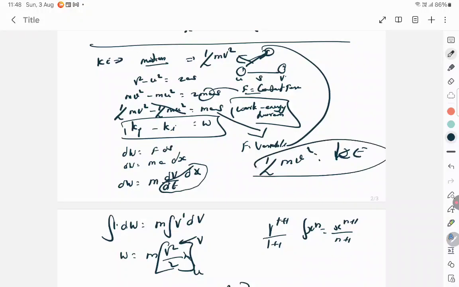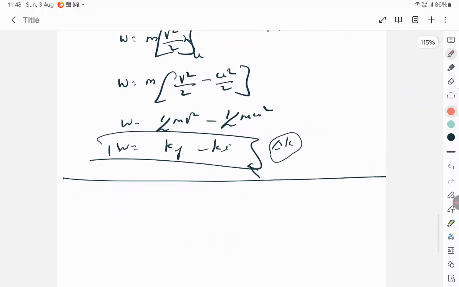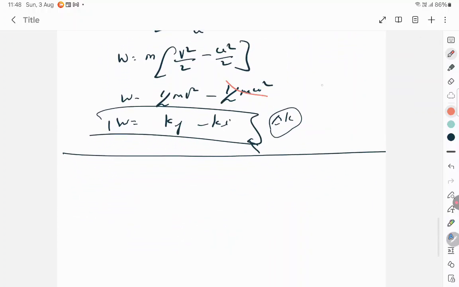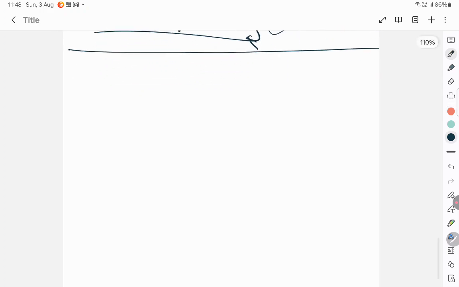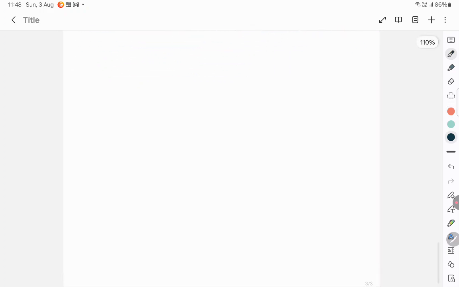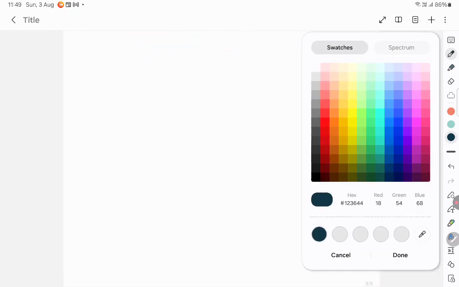Take the initial velocity to be 0 and the final velocity to be v, and write u as 0. You get kinetic energy to be half m v square. That's about the kinetic energy equation, and how you write the work energy theorem is all based on that.